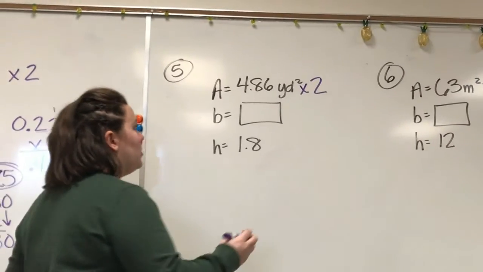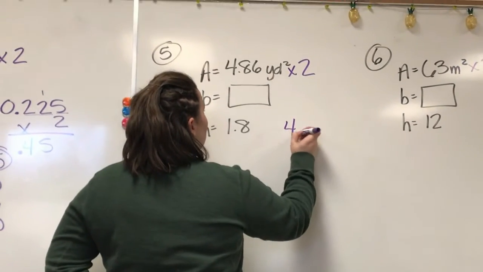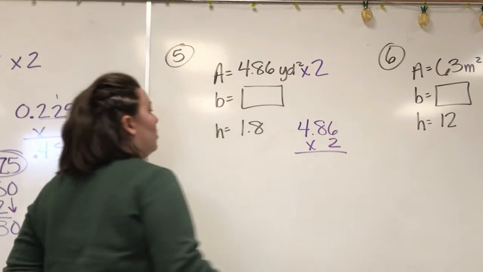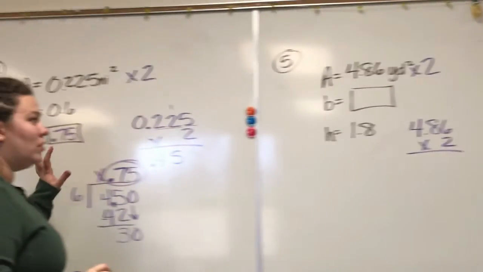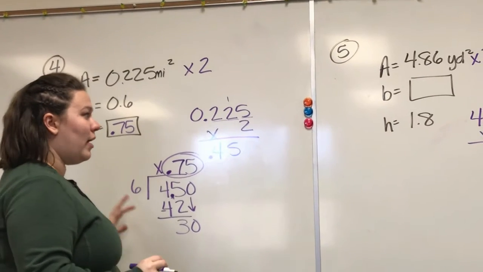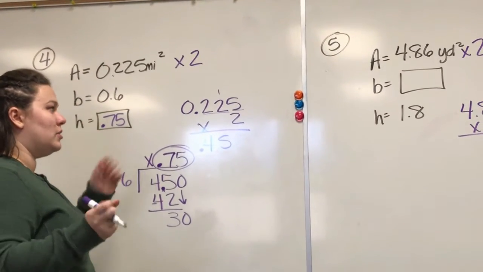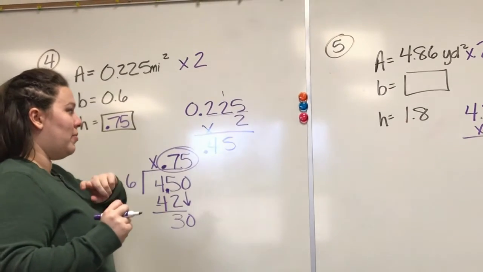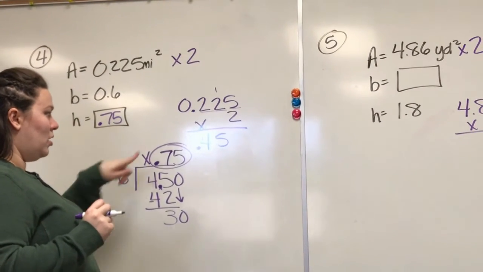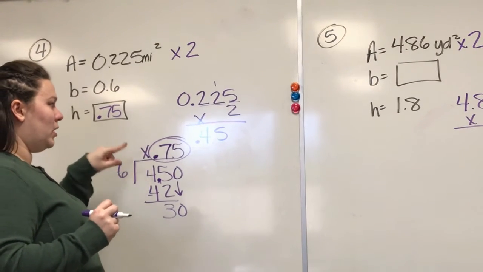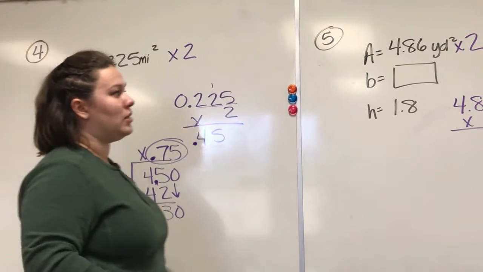Number 5, we have to multiply it by 2. 4.86 times 2. Okay, I want you to try and figure out what the answer to number 5 is before I give you the answer. Okay, we're going to multiply by 2, then we're going to put the answer inside the house, then we're going to divide, and whatever we get up here is going to go in your missing box.